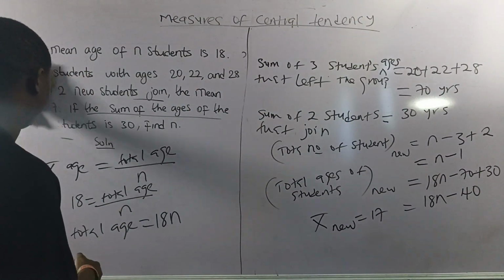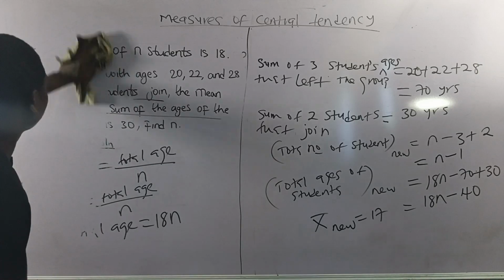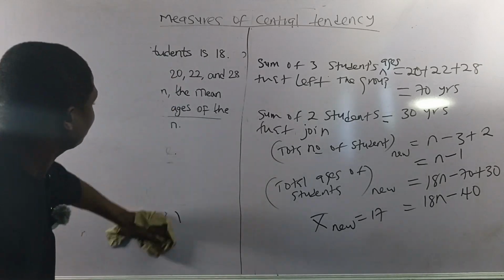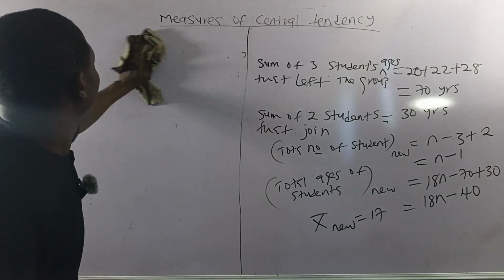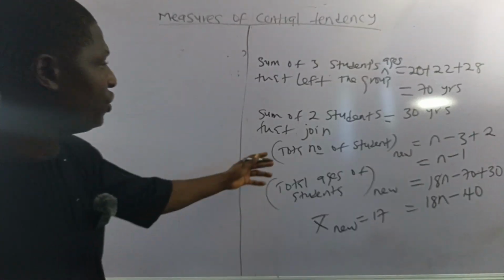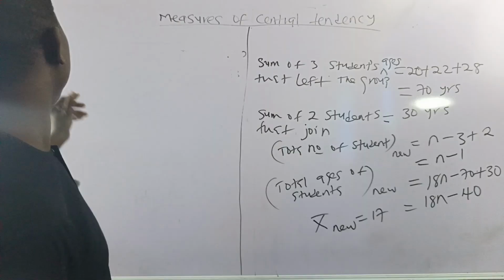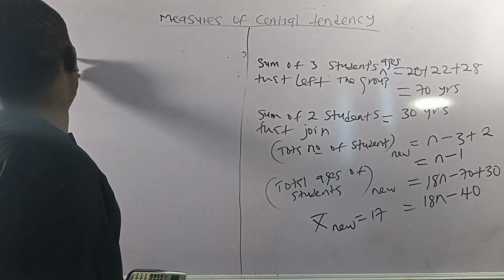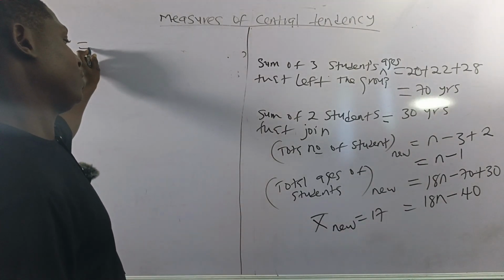We no longer need this. So to get our N, we use the new expression given. Now the mean, which is S bar new, the new mean, is equal to what?